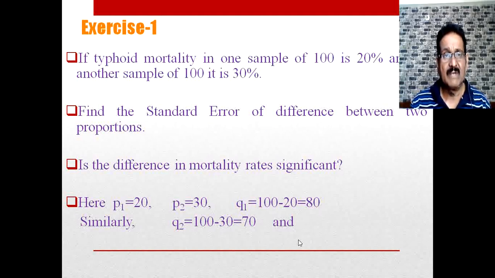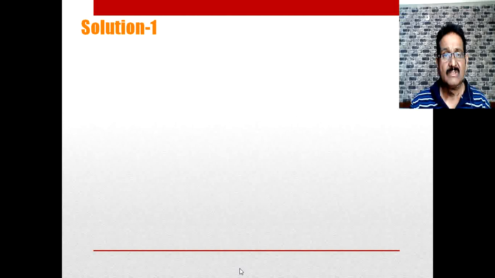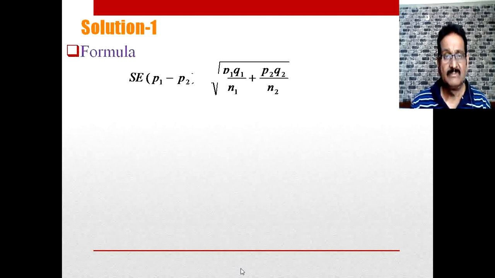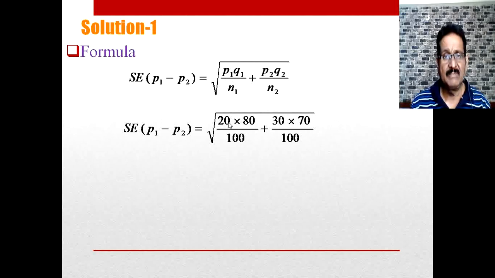Now we use the formula to solve the standard error. The sample size for the two groups is the same. The formula for the standard error of difference between two proportions is the square root of P1 Q1 upon N1 plus P2 Q2 upon N2. We replace the values: P1 is 20%, Q1 is 80%, P2 is 30%, Q2 is 70%, and the sample size in both cases is 100.